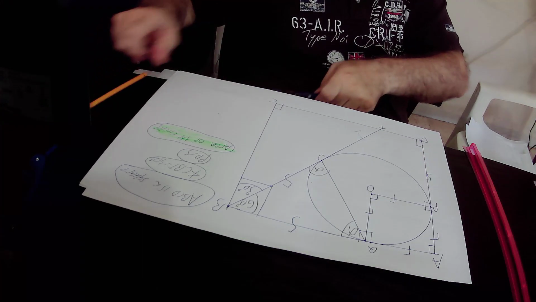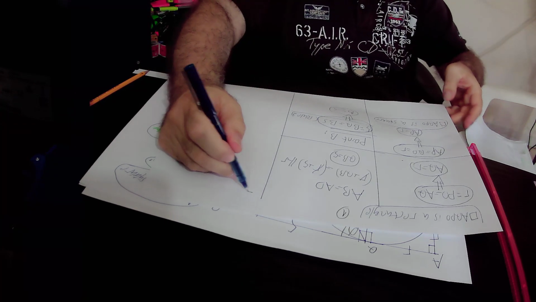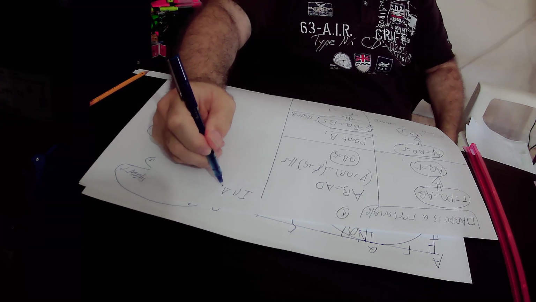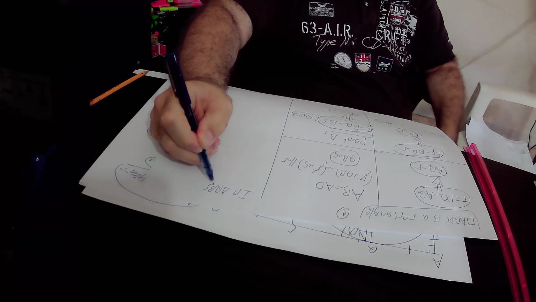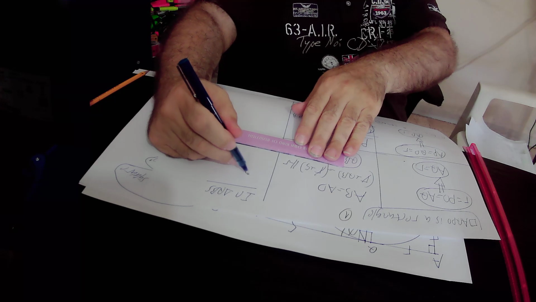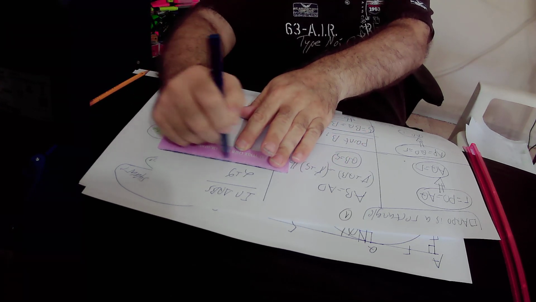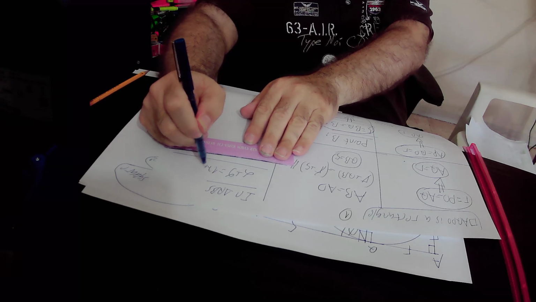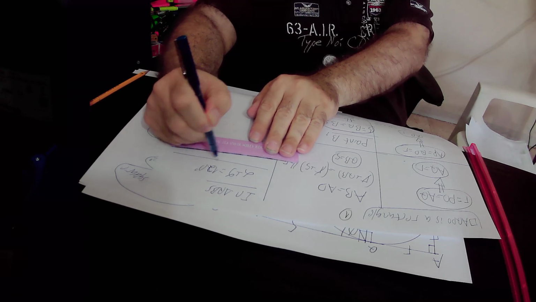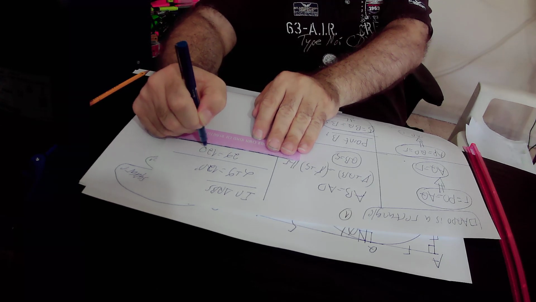So in triangle QBS, we found out that alpha plus alpha equals 120 degrees. Alpha plus alpha is 2 alpha, that is equal to 120 degrees.